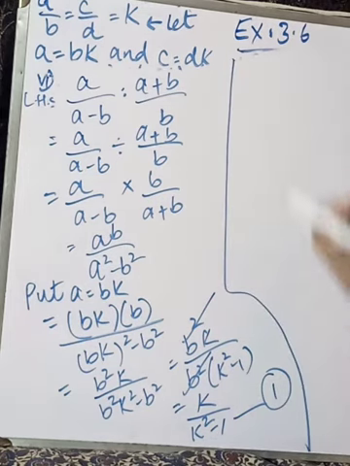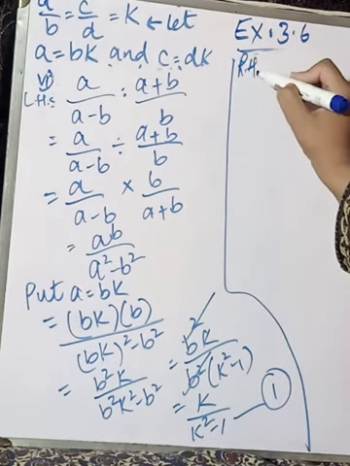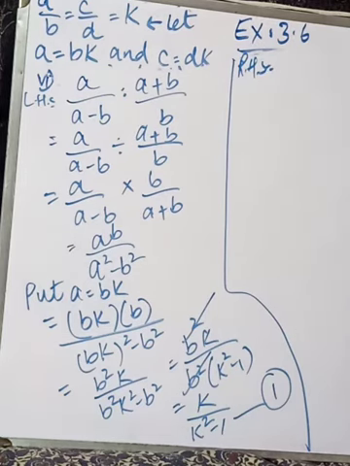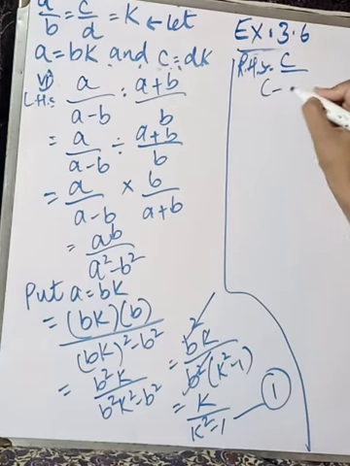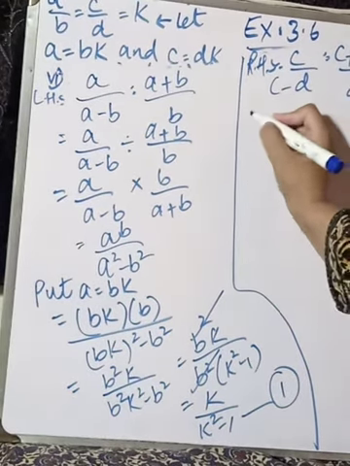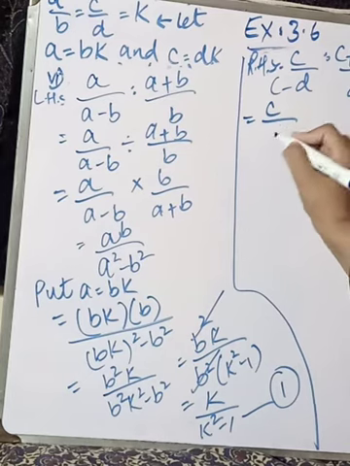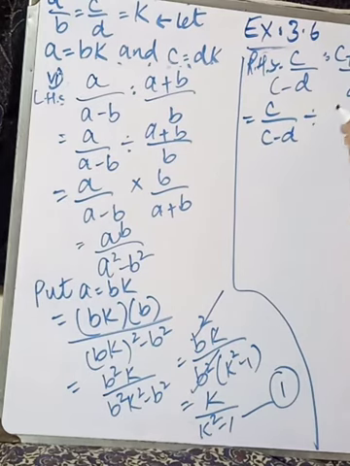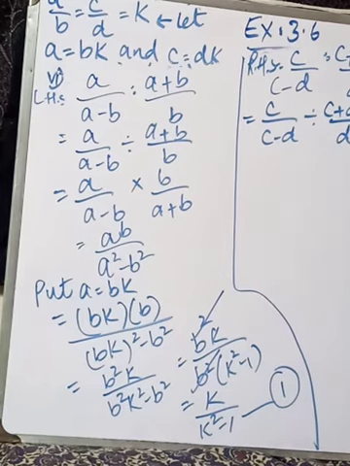Okay, on the same lines we will move towards the right hand side. In the right hand side it is given to us that c over c minus d ratio c plus d divided by d. Okay, so हम start करते हैं. सबसे पहले हमारे पास क्या आएगा? It's c divided by c minus d divided by c plus d divided by d.